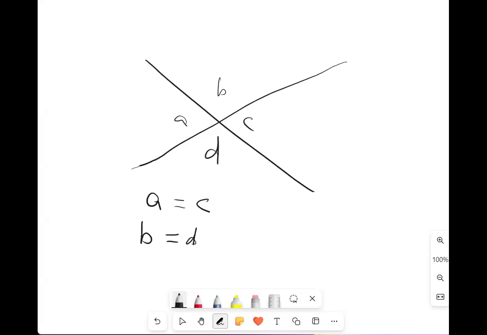And we call these vertically opposite angles. I don't know why they use the word vertically. B and D look vertical, but A and C don't. When they intersect, the angles that are opposite one another are equal.